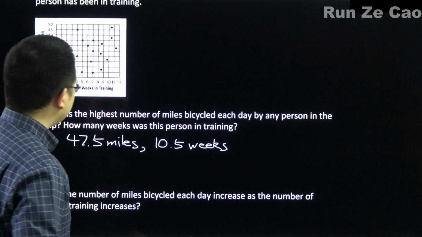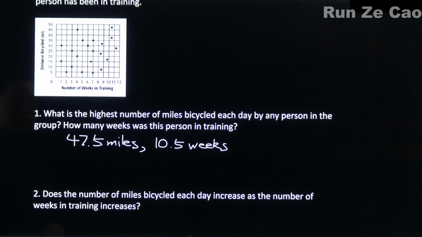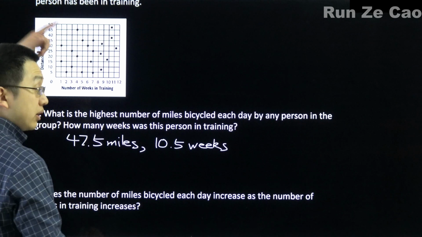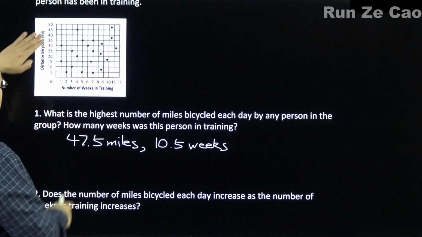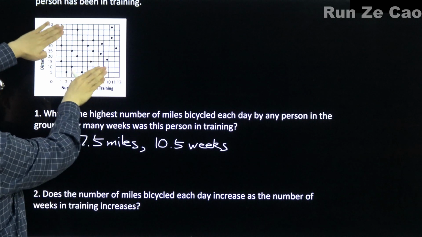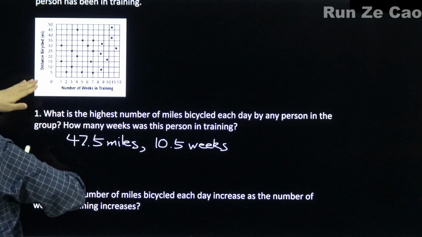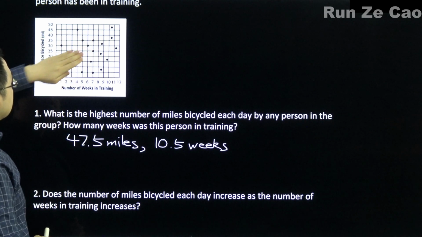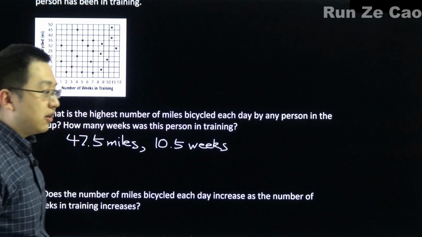Does the number of miles bicycled each day increase as the number of weeks in training increases? I would say yes. There's not that much data to the sides compared to in the middle trend, which means that there is a weakly positive correlation.